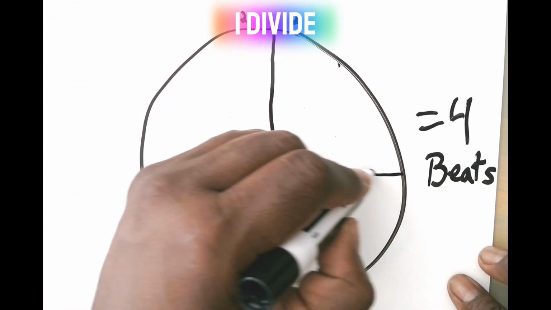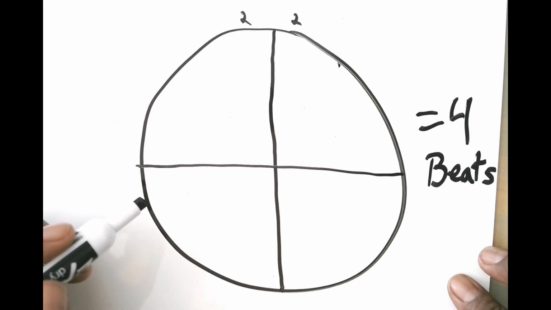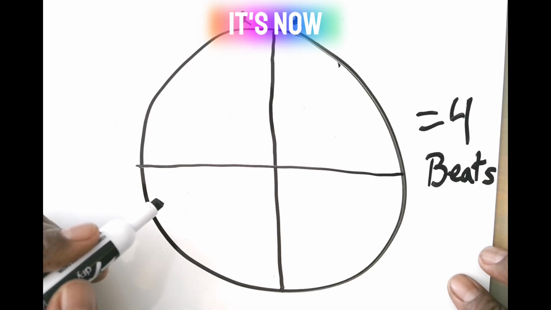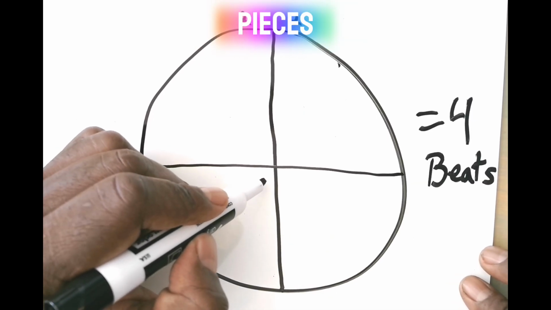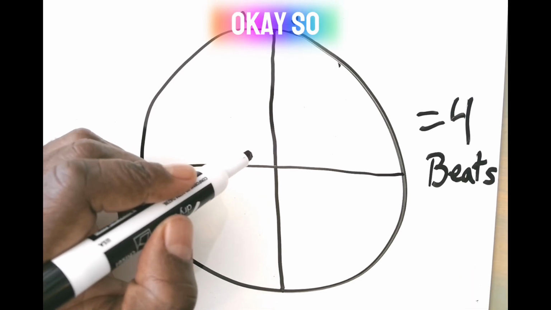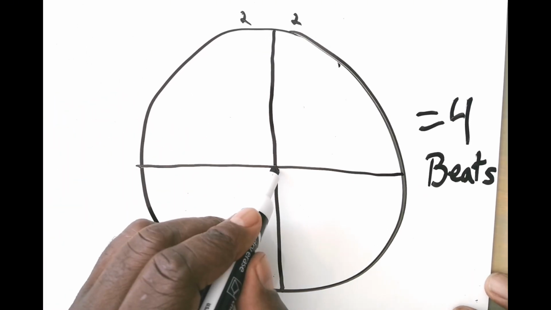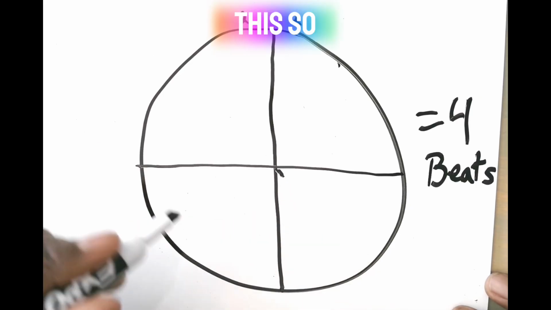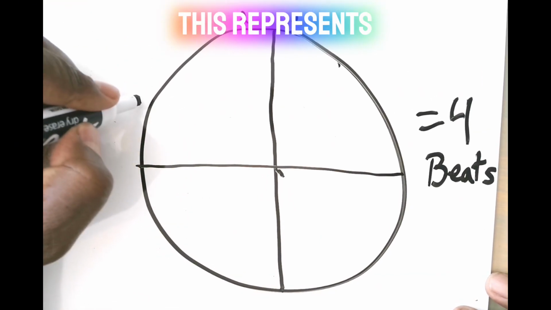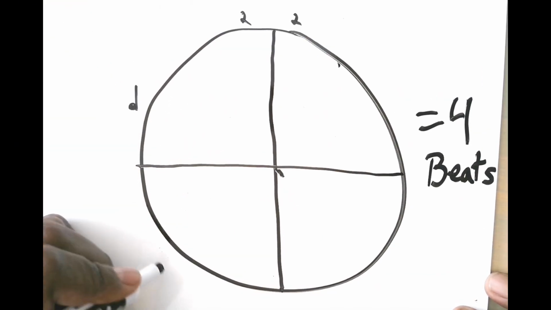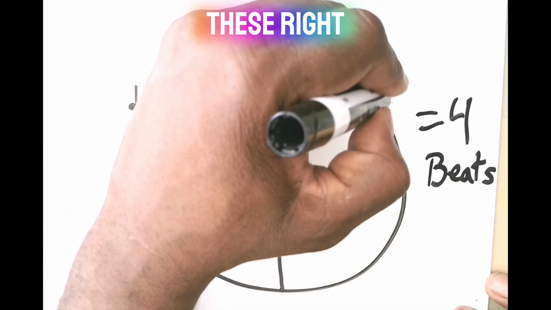Now if I divide these, it's now into 4 equal pieces. Okay? So now, from this point, this represents a quarter note, each of these.